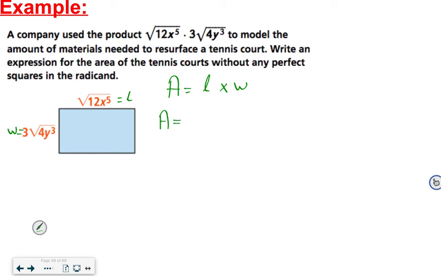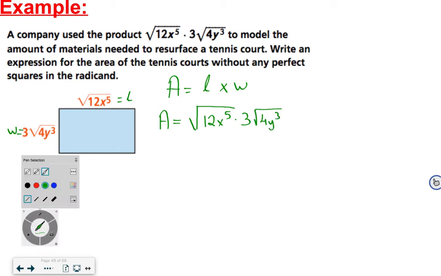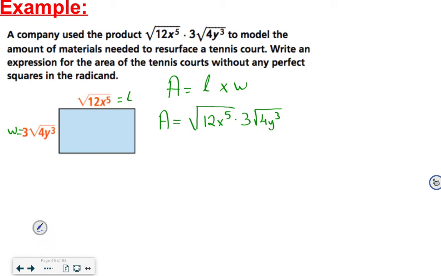To be able to find the area, you need to multiply radical 12x to the power 5 times radical 3 times radical 4y cubed. If the degree of the radicals is the same, you can multiply the expressions under the same radical, 12x to the power 5, by the way 3 is over here, times 4 times y cubed.